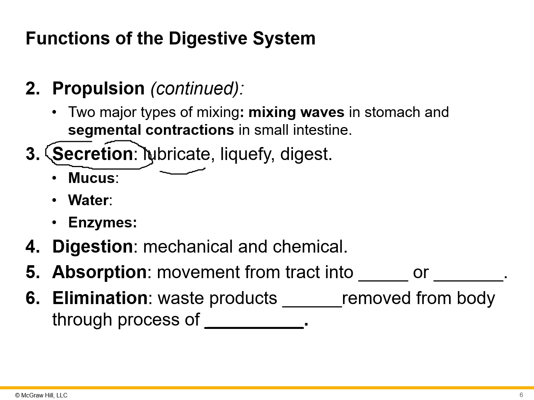You guys already know the cells that secrete mucus and that are located all over this digestive or gastrointestinal tract. We're going to have water that helps with digestion, and we're going to see tons of enzymes such as salivary amylase, lipase, pancreatic enzymes, and such as we go through this chapter.